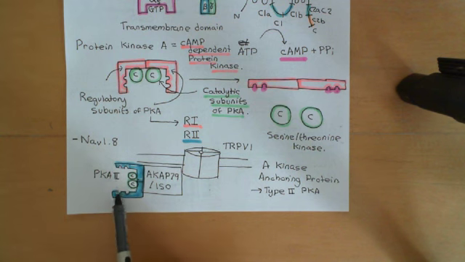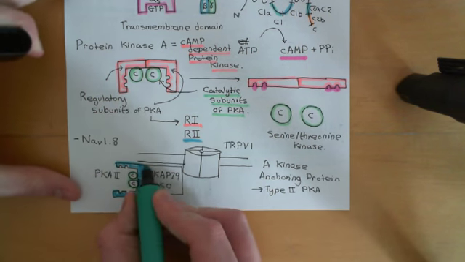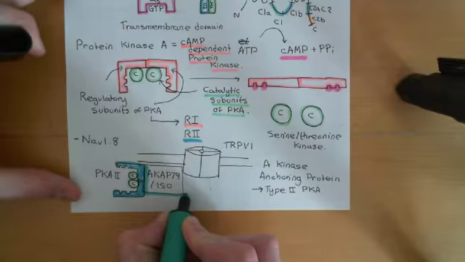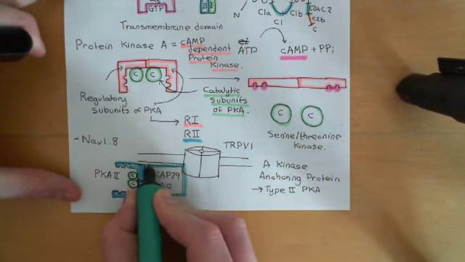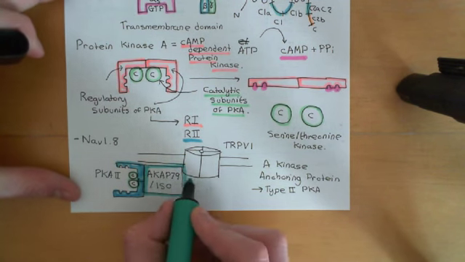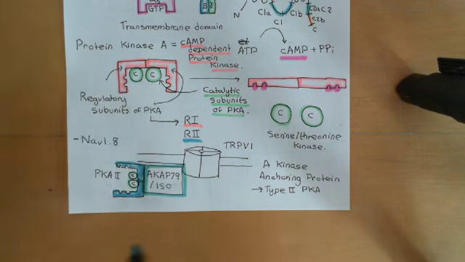Cyclic AMP will bind in these binding sites, causing a change in conformation in the regulatory subunits, and those will then release the catalytic subunits. And now the catalytic subunits are already extremely close to the TRPV1 channel, and all they need to do is move over to the TRPV1 channel and phosphorylate the TRPV1 proteins that make up that TRPV1 channel.